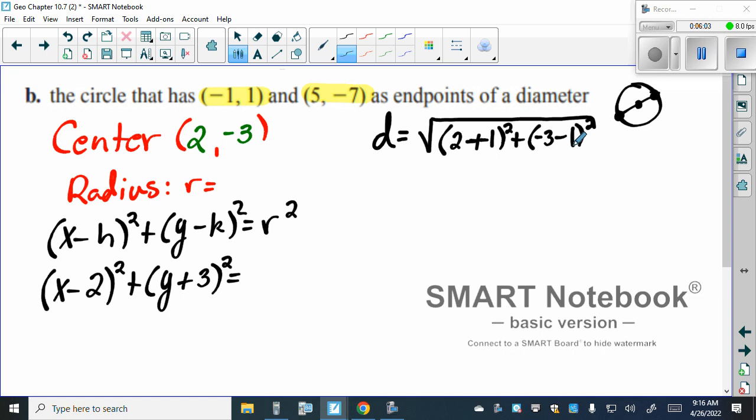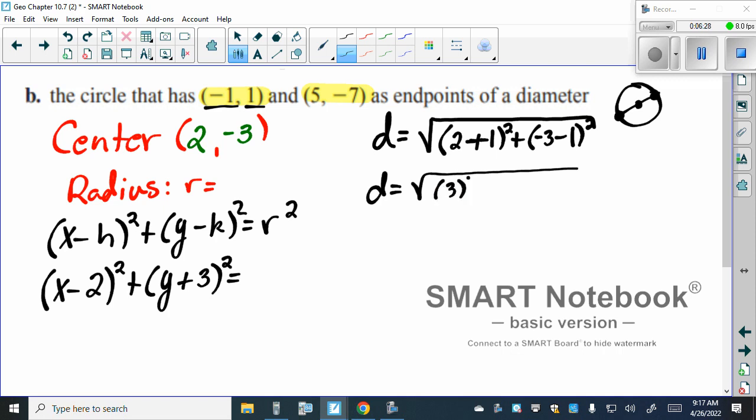Because once we decided to use the center, we have to use 2 and -3. 2 for our x, -3 for the y. And since we chose -1 for the x, we have to pick 1 for the y. We have to use those 2 points. Now at this point here, again, just like we did yesterday, you can type this whole thing into the calculator, hit enter, and it will give you your answer.